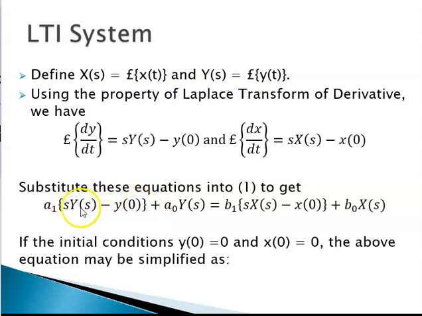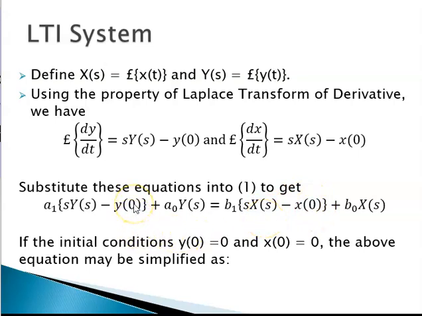This was Laplace transform of derivative of y of t. A0 times Y(s). The same here, B1 times Laplace transform of dx over dt, and this is B0 times Laplace transform of x of t. This y0 and x0 are called initial conditions.